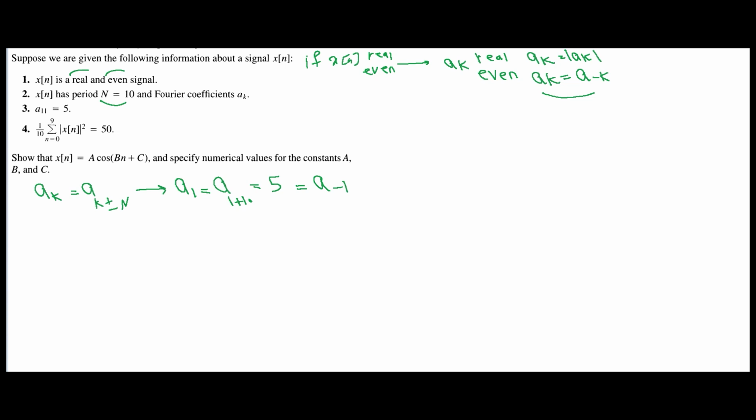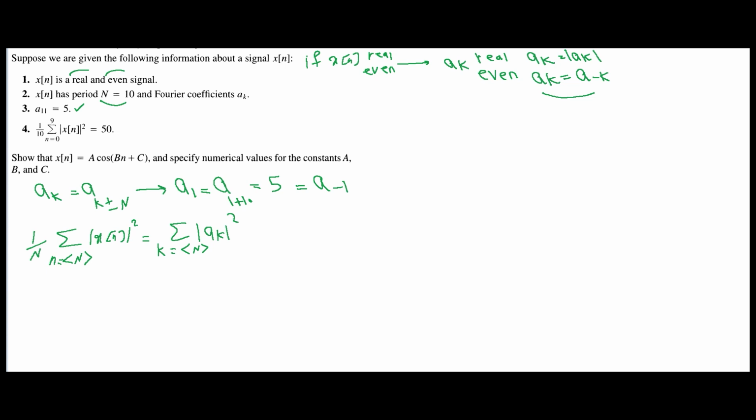Now let's use the Parseval relation. Recall that Parseval's relation states that 1 over N times the summation of the magnitude squared of x[n] over one period is equal to the summation of the magnitude squared of the Fourier series coefficients over one period. In this problem, the value of the left-hand side is given as 50.